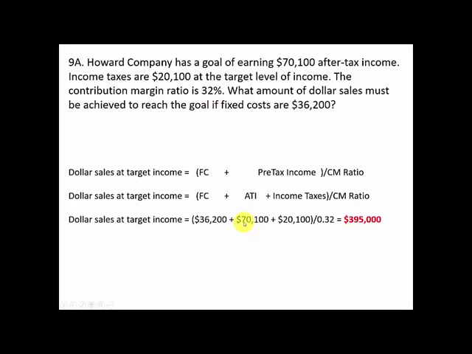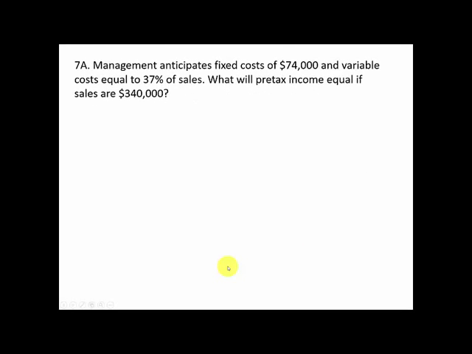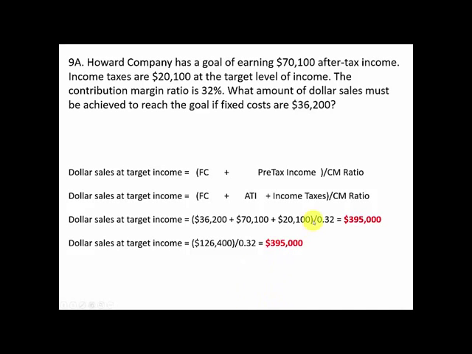And what we're looking at is $36,200 for the fixed cost right there, plus the after-tax goal of $70,100 plus income taxes. The $20,100 is just given to us right there.